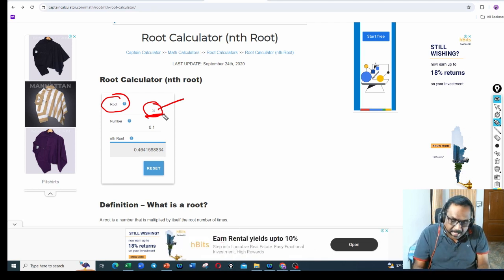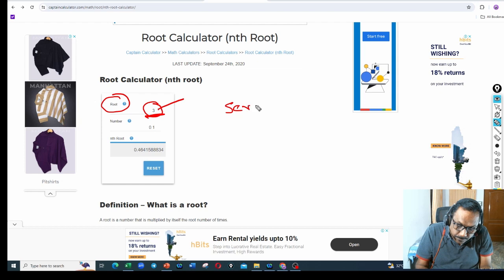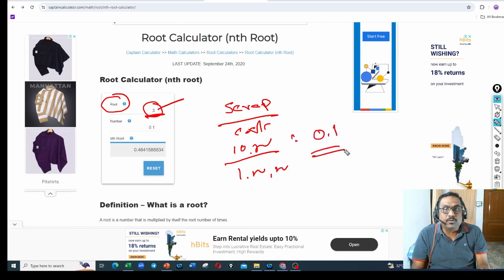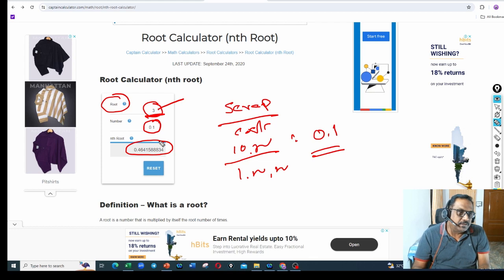Then I calculated scrap value divided by cost of asset. How much? 10,000 divided by 1 lakh, I did. When I did that, I got a 0.1 value, right? So I kept that 0.1 value here. Then when I calculated the nth root, you will get this value: 0.464158834.